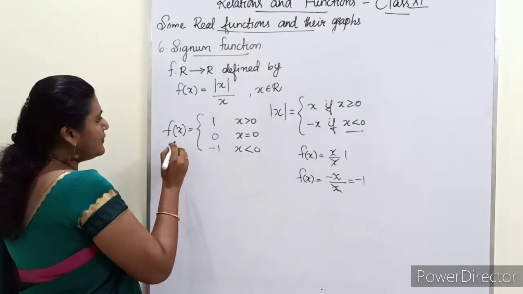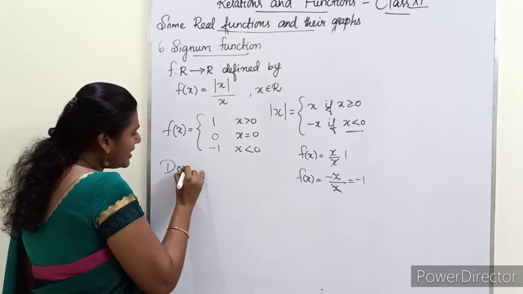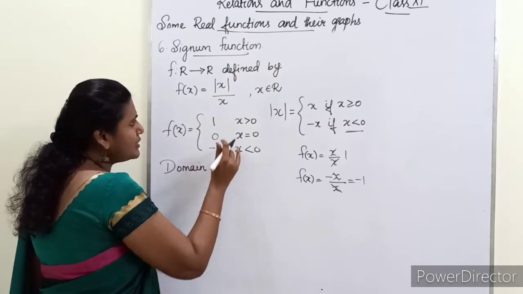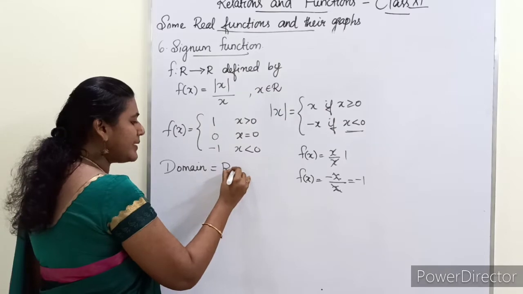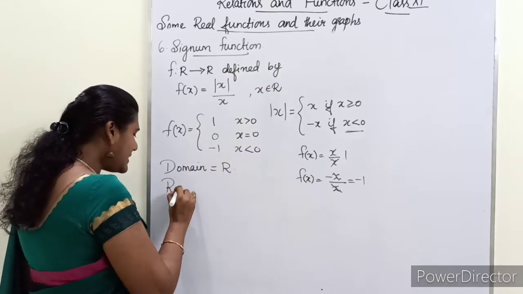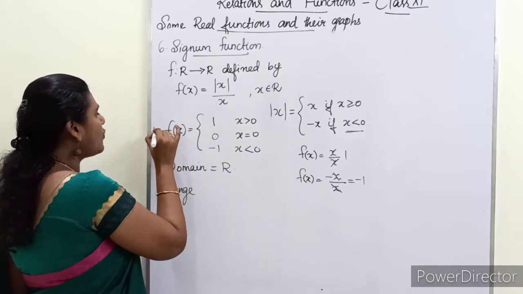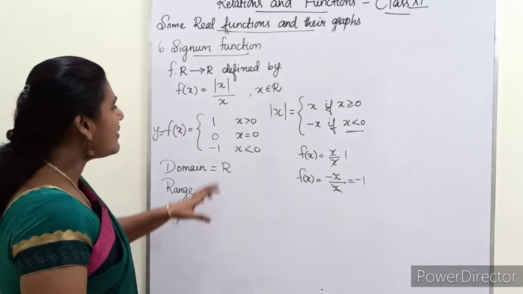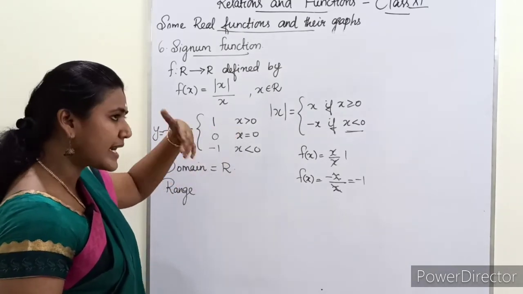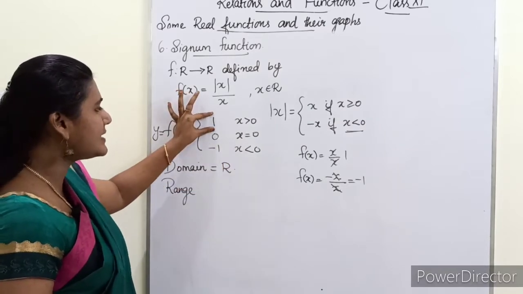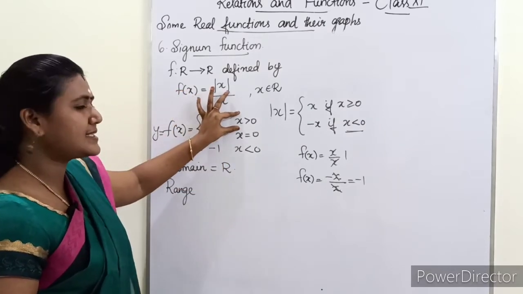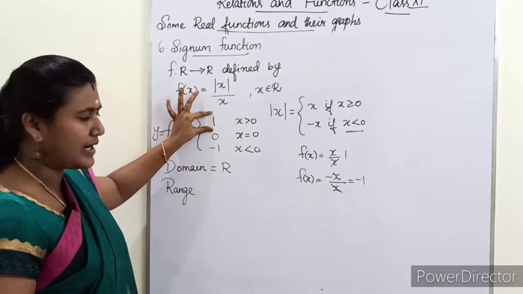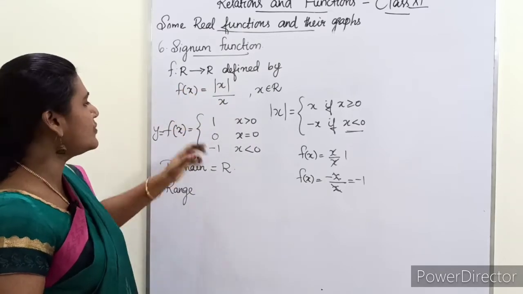Now here if you see, what is domain? Domain means we can take all the values of R. So domain will be R. What about range? So actually here we got y, f of x is nothing but y value. So whatever value you are taking for x greater than 0, you will always get 1. If you are taking x is equal to 1, y is also 1. If you are taking x is equal to 2, y is 1.